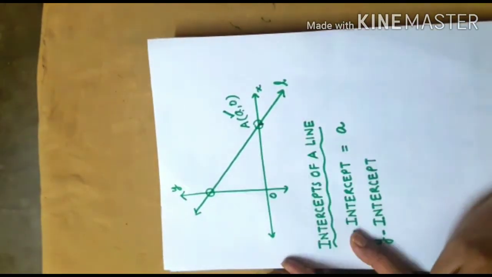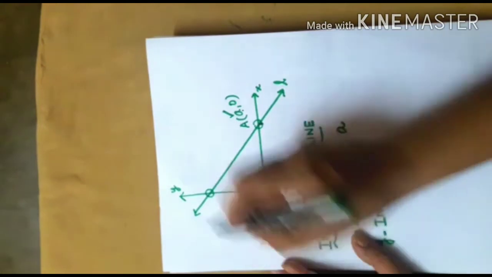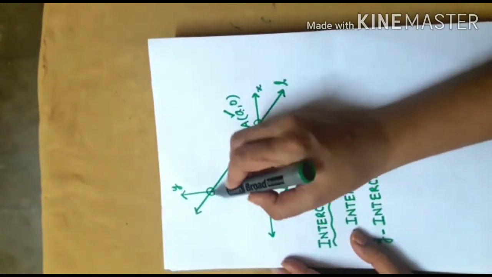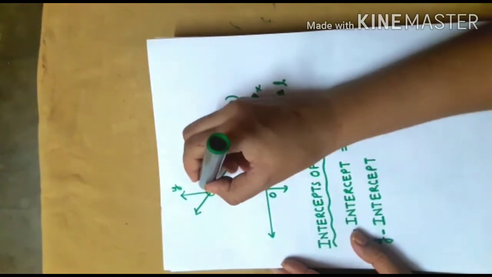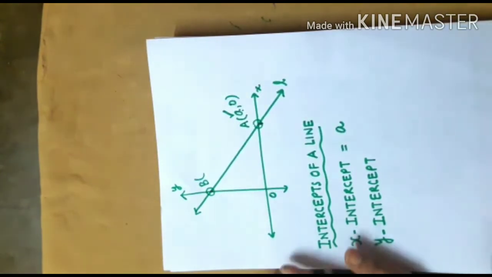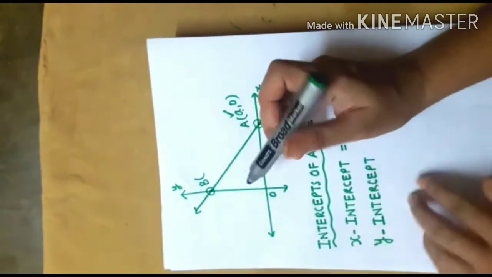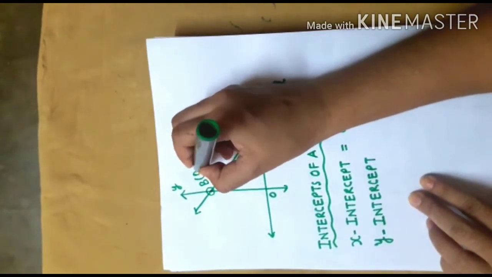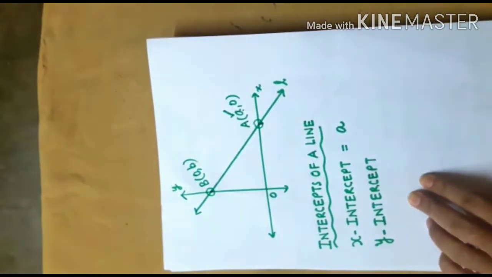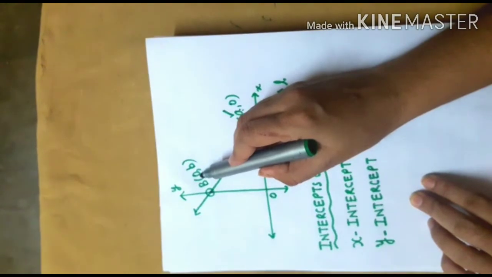Now similarly, this line L intersects the y-axis at this point, say P. Now this point lies on the y-axis, so its coordinates will be of this form, 0 comma b, because the x coordinate will be 0.